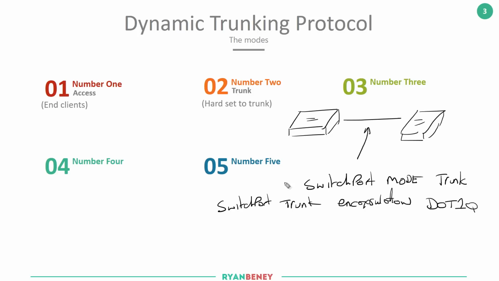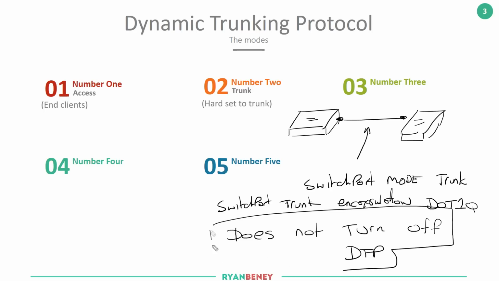Now, setting this as a trunk on one of these sides or both does not turn off DTP. So unlike our access ports, when we configure it on the actual port itself, manually configuring it by stating what we want that port to be: when we do it with access, DTP is turned off. When we do it as trunk, DTP remains on.